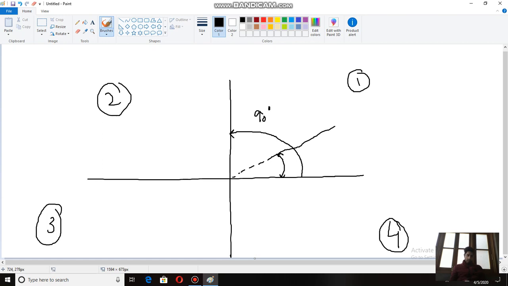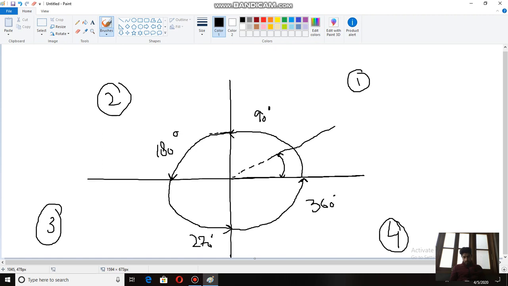And if we want to move to this side, we will move greater than 90 degrees, and up to this side, for second quadrant we can go at a maximum of 180 degrees, and still we can go to this third quadrant and at max we can go to 270 degrees, and in fourth quadrant we can move back to the original position and we will be here from where we have started, and we have covered the angle 360 degrees.